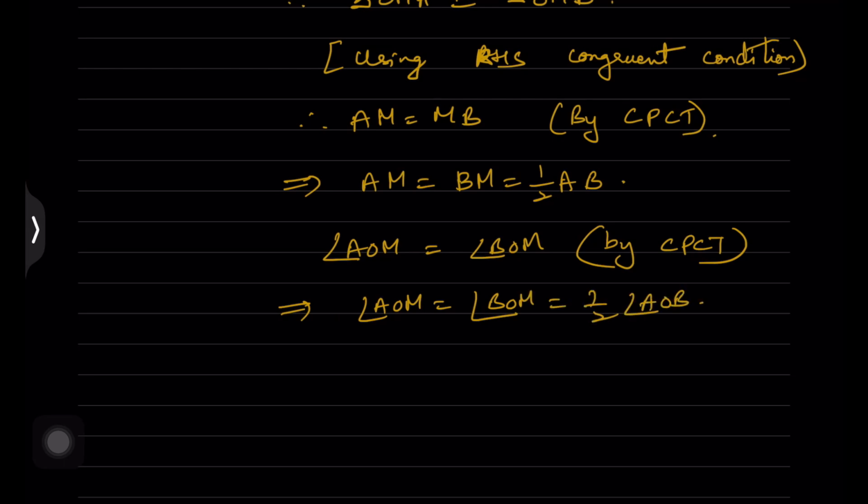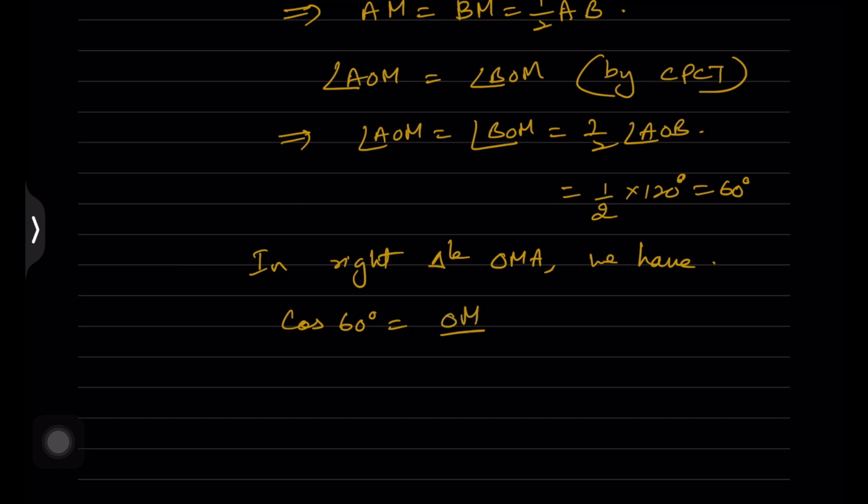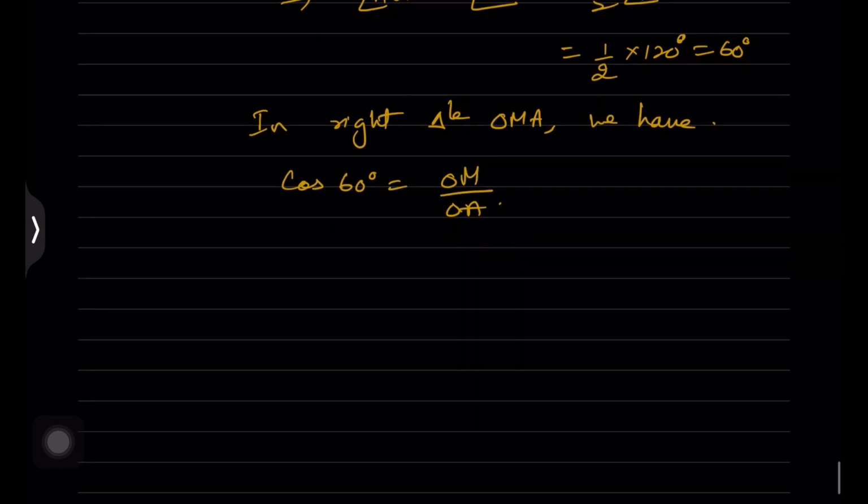Angle AOB is 120 degrees, therefore it is half of 120, which is 60 degrees. So now in right triangle OMA we have cos 60 degrees is equal to OM by OA, which implies that half is equal to OM by 12, which implies OM is equal to 6 centimeters.